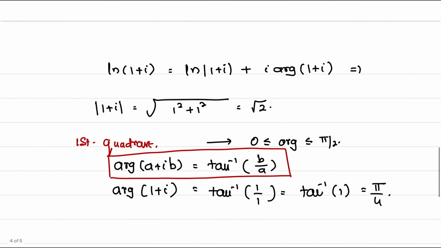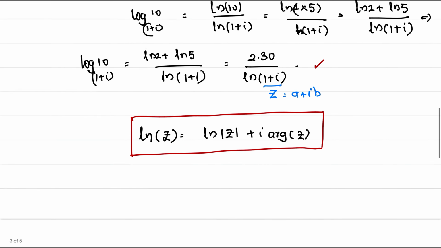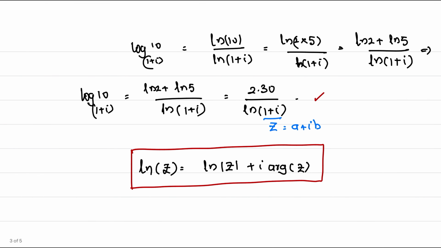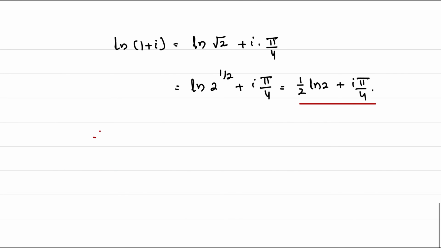Then, what do we have to find out ultimately? log of 10 to the base 1+i. Therefore, log 10 to the base 1+i is equal to ln 10, to the base e, divided by ln(1+i).